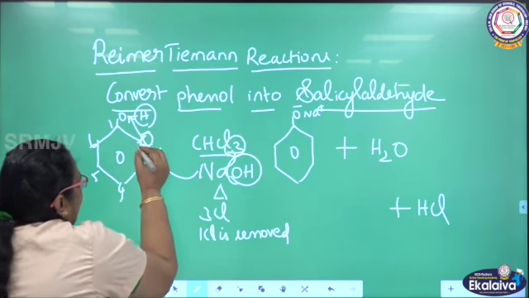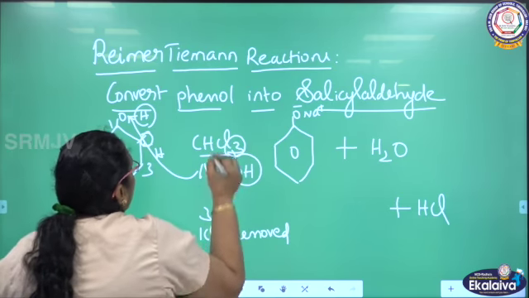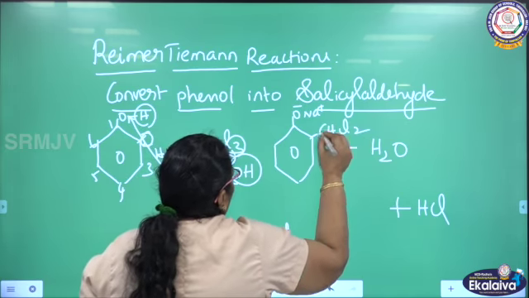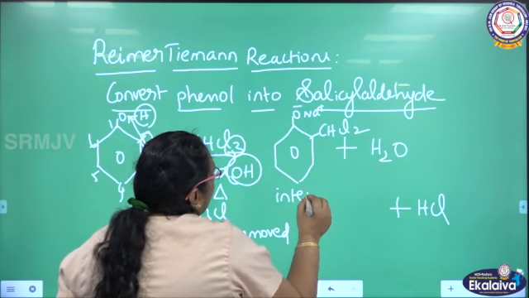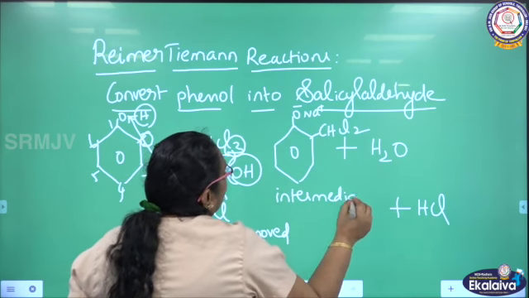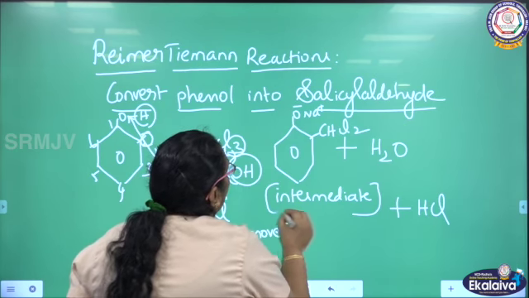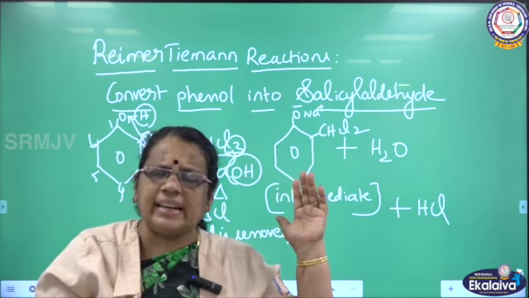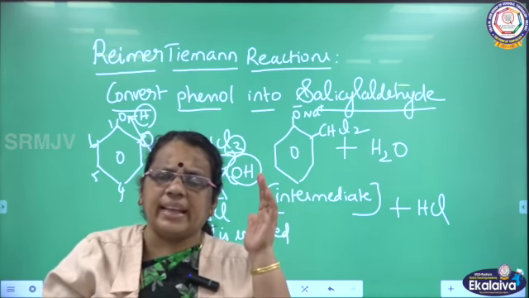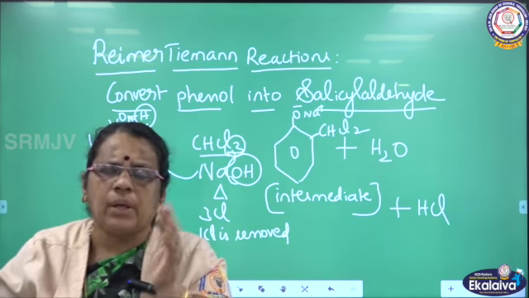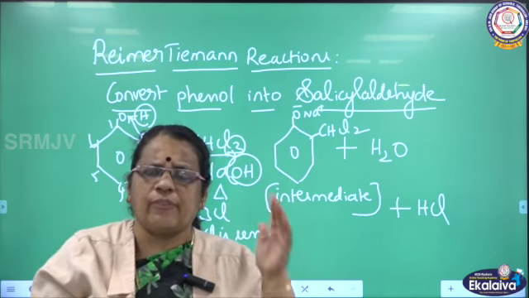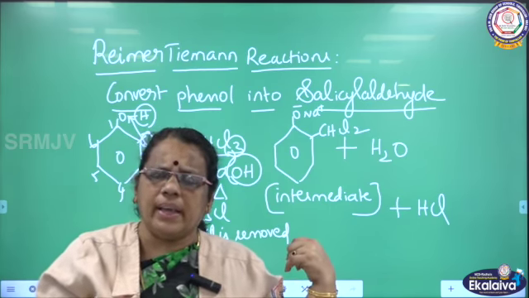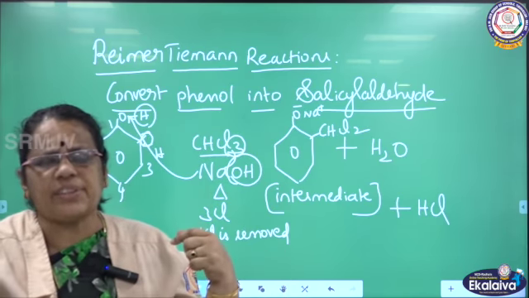So what is remaining here? CHCl2. It is an intermediate compound. So, what is the intermediate compound I got in the Reimer-Tiemann reaction? The reactant is phenol. What are the reagents? I have added chloroform and sodium hydroxide, refluxed. What is the first change?